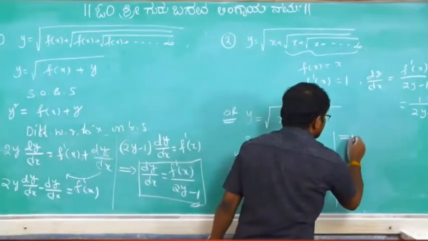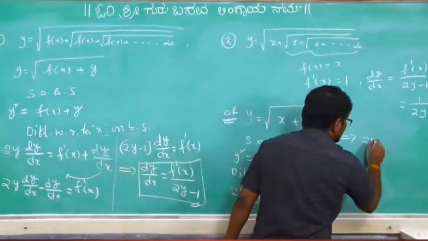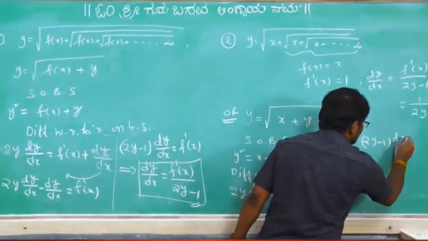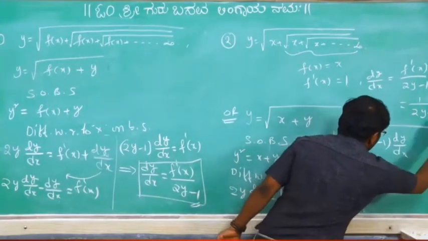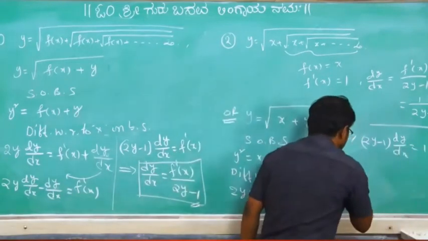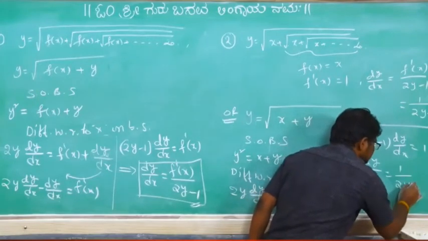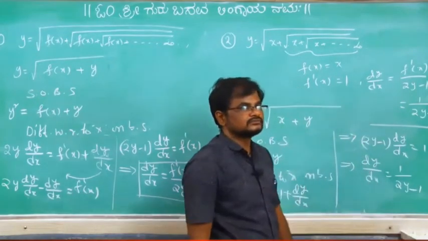Now bring this to this side: 2y minus 1 into dy by dx equals 1. That implies dy by dx equal to 1 by 2y minus 1.